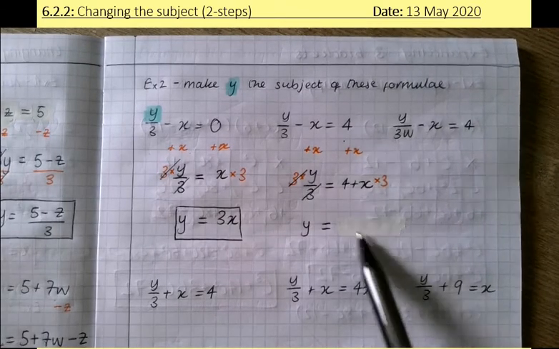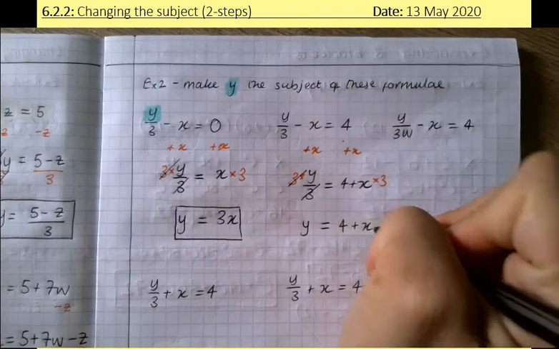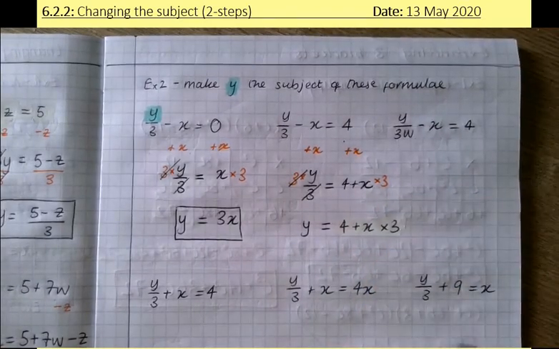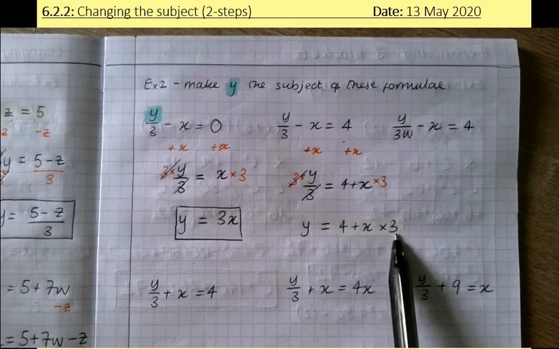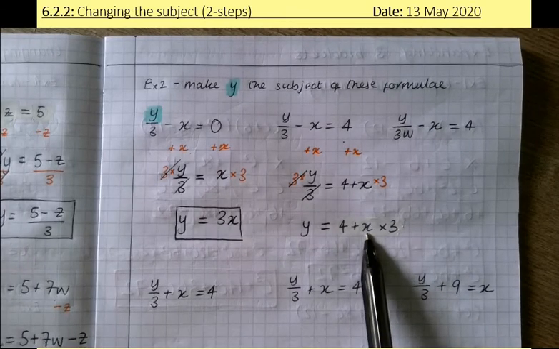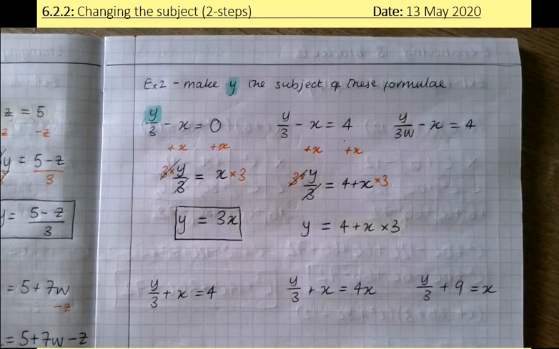If I write this out, in this expression here, I'm only multiplying the x by 3. But I need to multiply all of 4 plus x by 3.